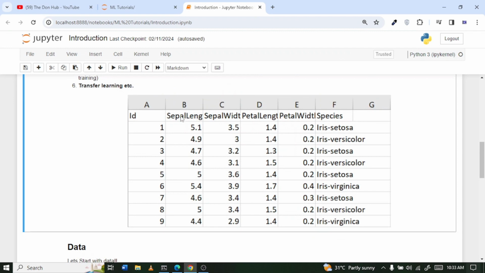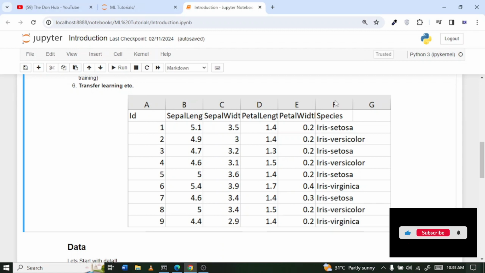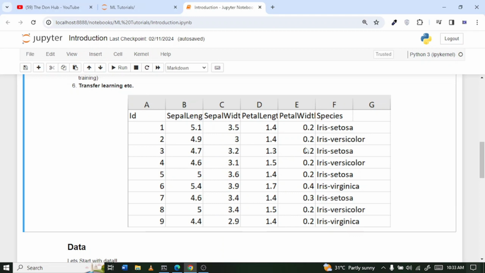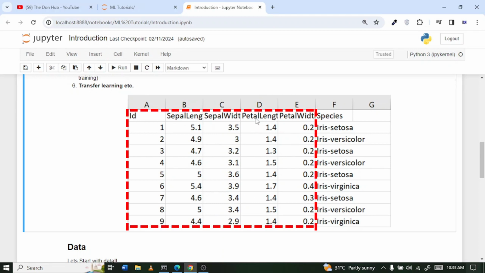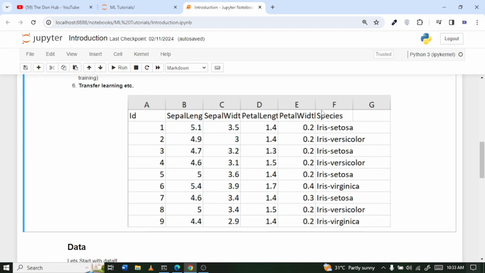So given the sepal length, sepal width, petal length, petal width, when we feed this to our model, the model is supposed to look at this and predict the type of flower it is based on these columns. So when you feed this as our input, the model is supposed to give you this output, right?